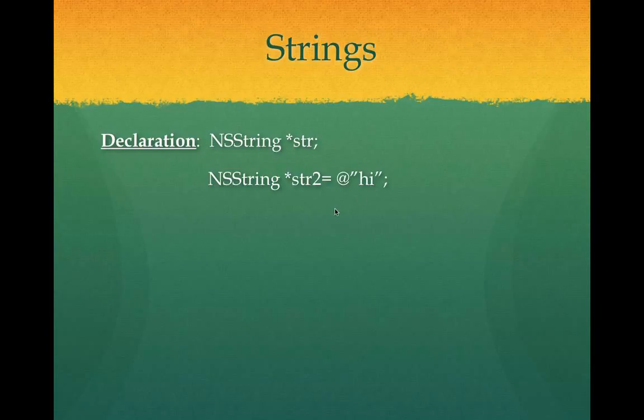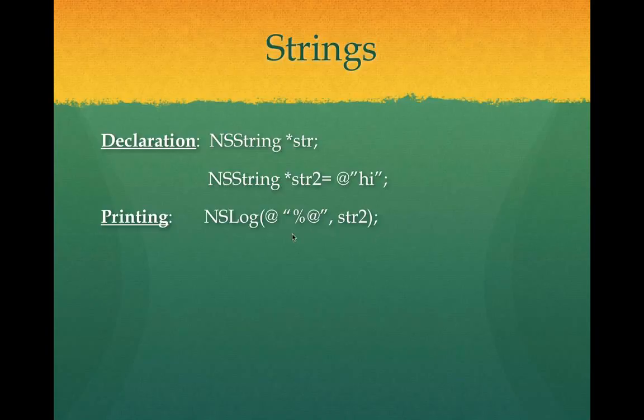So how do we print the result of str2? Just like C and any other C language, NSLog, @"%@", comma, str2. Now this %@ is a little different. In C++ we use %s for strings. Here we use the @ sign.